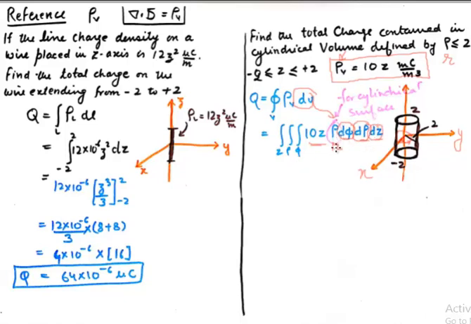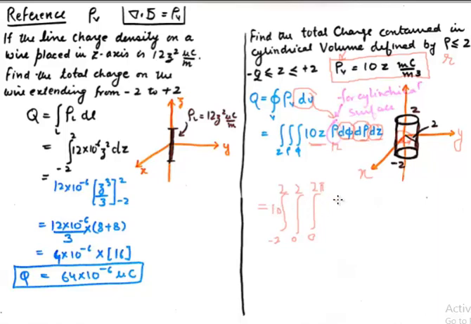Of course, when you do this, you need to take care of this. For cylindrical volumes or surfaces, we need to use this extra rho or r, whatever is specified as radius. Then we need to carefully put the limits, and it becomes a simple case of triple integration, where I can put the limits of z from -2 to 2, rho from 0 to 2, and phi from 0 to 2 pi, and 10 comes out.